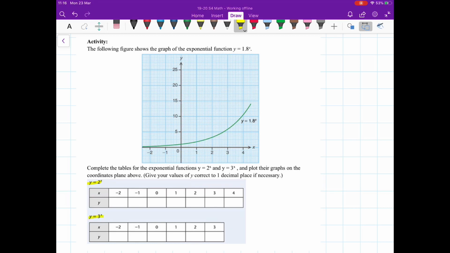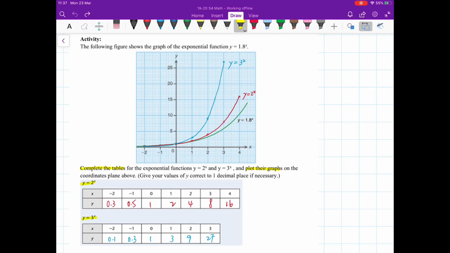Now please pause the video and complete the tables with different values of x. Also, please plot the graphs according to the values you have found in the tables. And I will check the answer with you later.